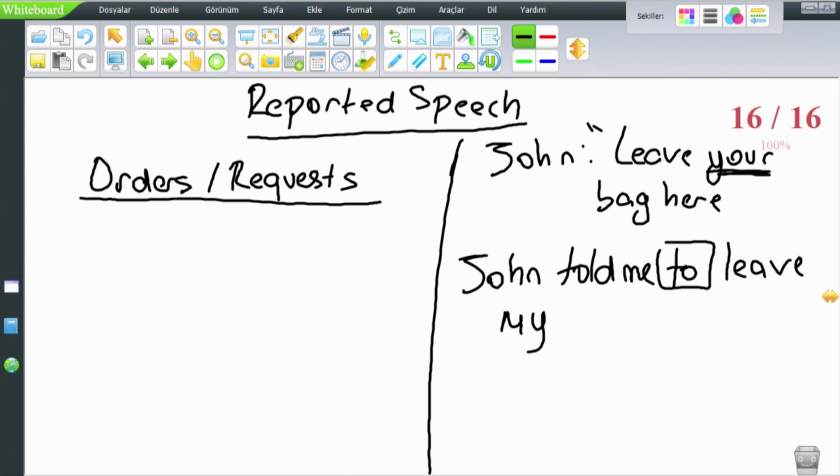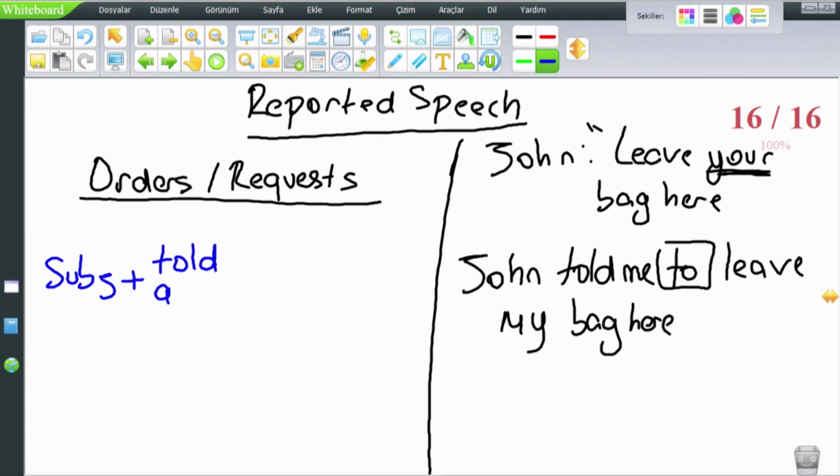Leave my bag here. Our rule is to start with the subject. Then I can use told, asked, said. If I use told or asked, I can also give the information of who told whom.